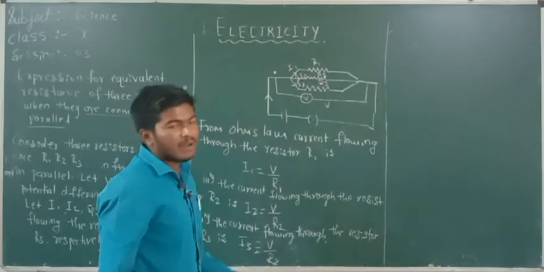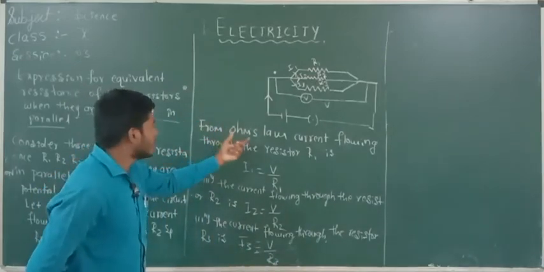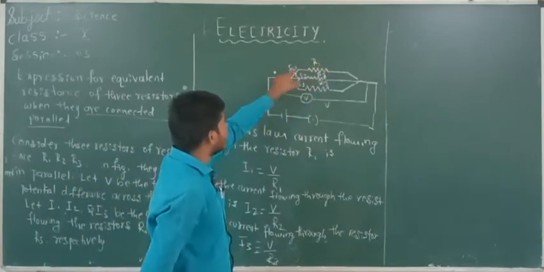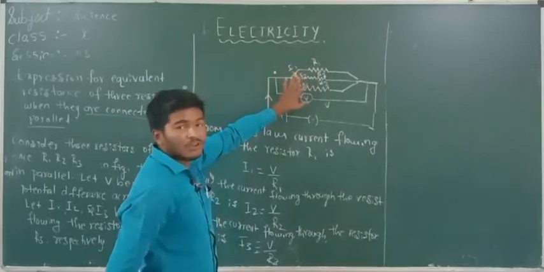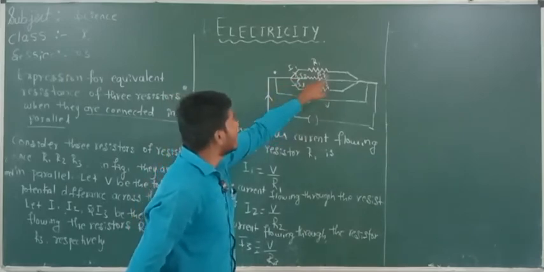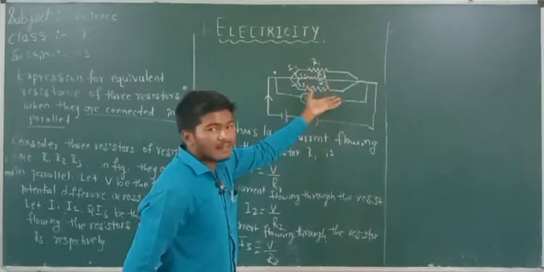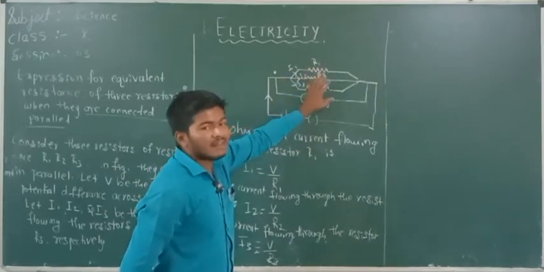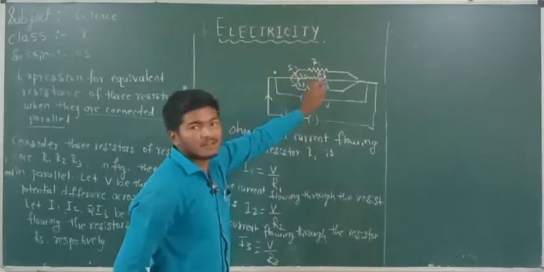See carefully, from Ohm's law, current flowing through the resistor R1 is I1 is equal to V divided by R1. Similarly, I2 is equal to V divided by R2, and I3 is equal to V divided by R3. Here V is the total potential difference across the circuit.